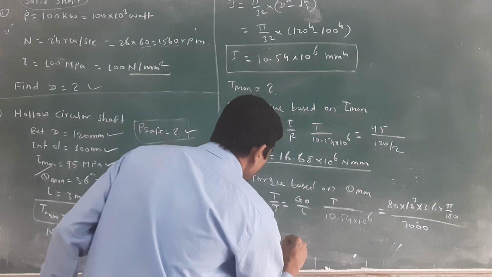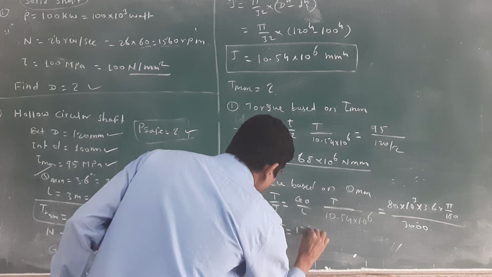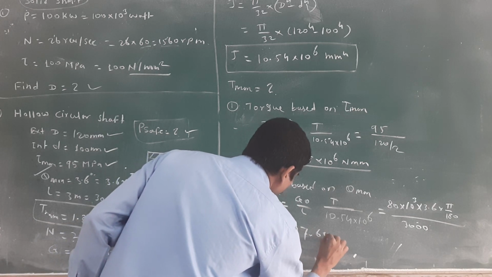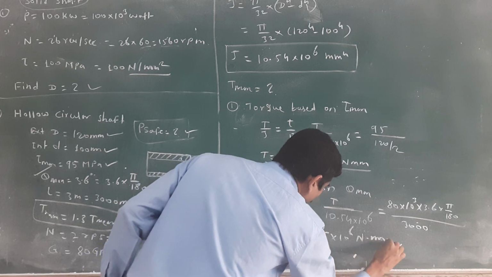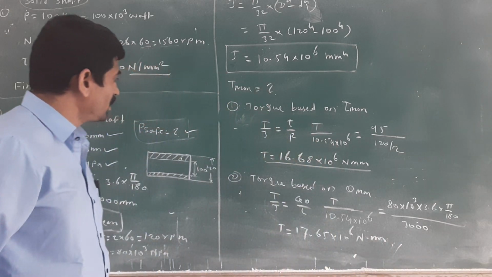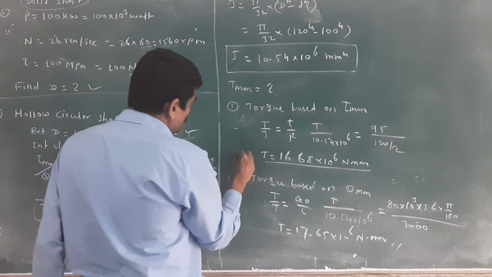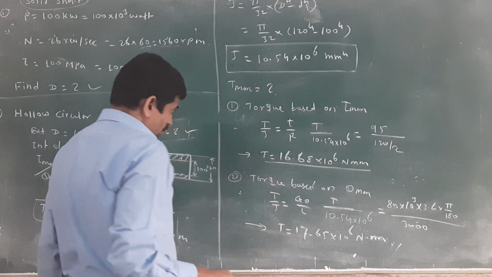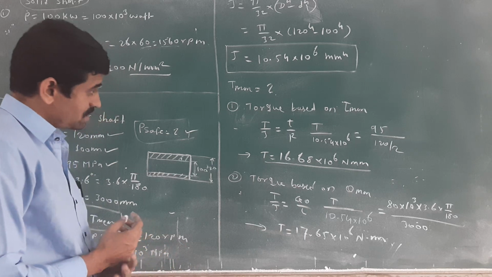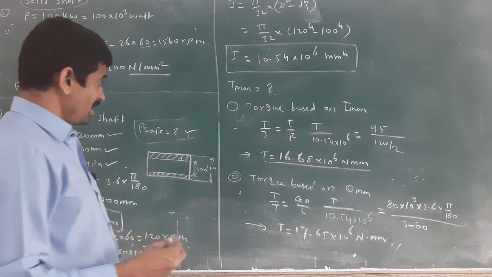Then what is the value of that T? T is equal to 17.65 into 10 raised to 6 Newton mm. Then guys, tell me which is the least value, this one or this one? From both conditions, check which is the least value.